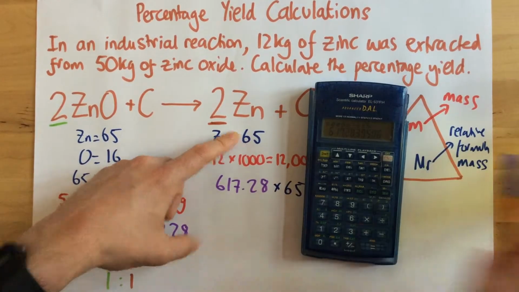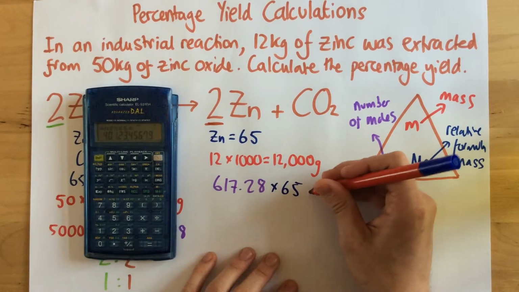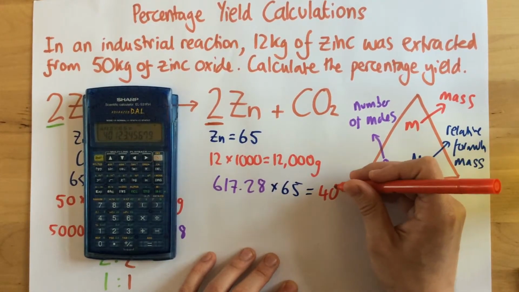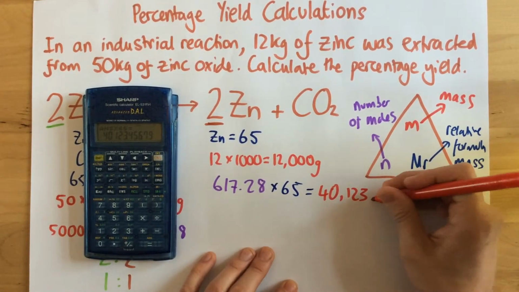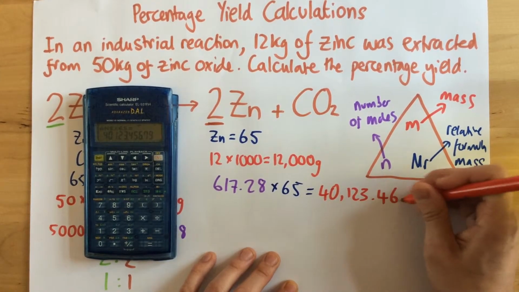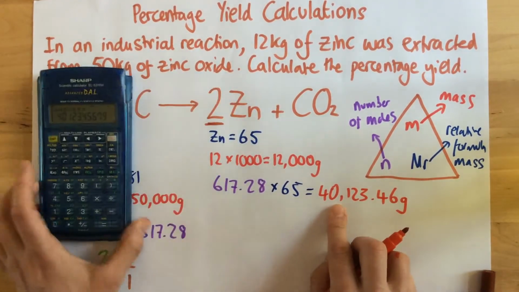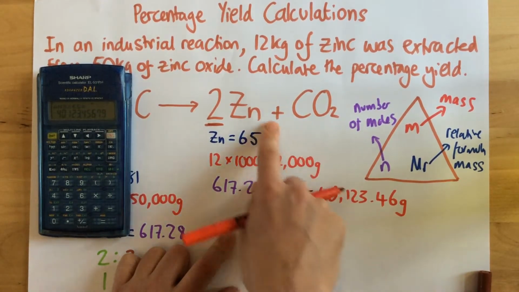Now I've left that number in there, and then I'm going to multiply that by 65, which equals 40,123.46 grams.